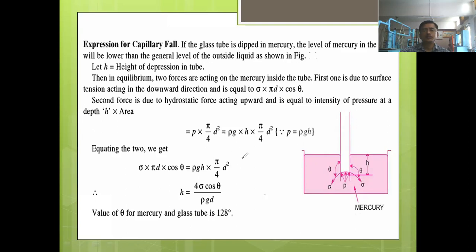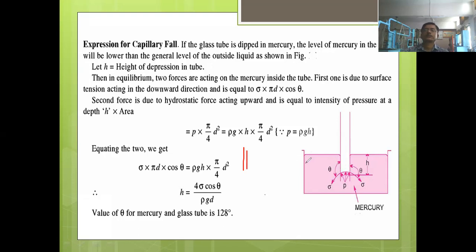So in case of water, there is a capillary rise, and in case of mercury, there is a capillary depression. But obviously this question might have come to your mind, why is it happening like this? Have you thought about this?